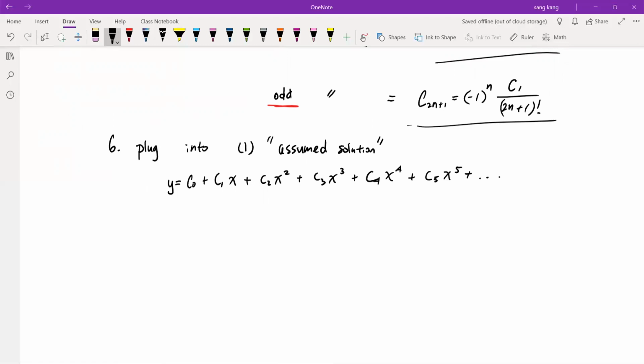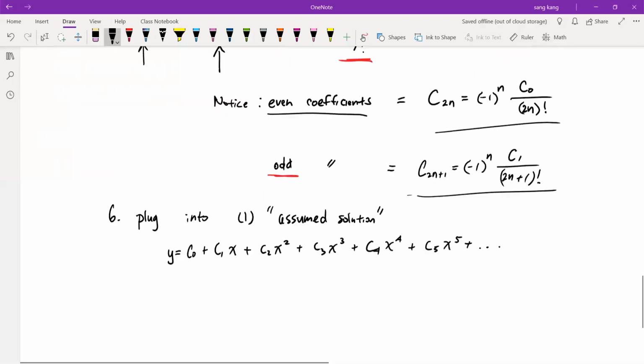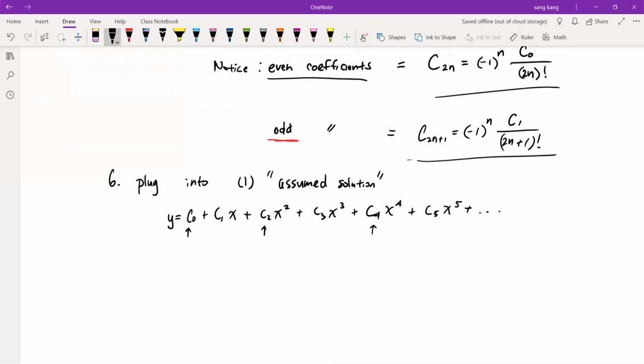Okay. So now we've already defined what all of our even C's are going to be, right? Even coefficients. They're all going to be in terms of C0 rather. So I'll factor that out.